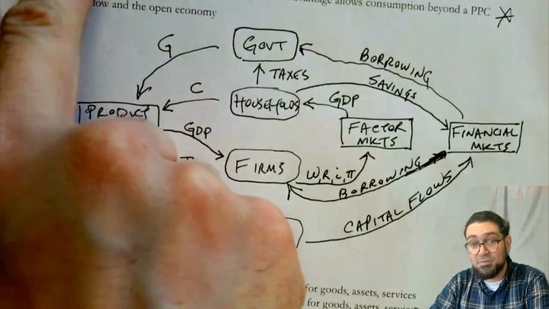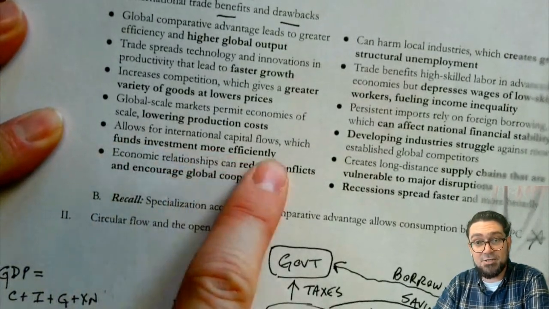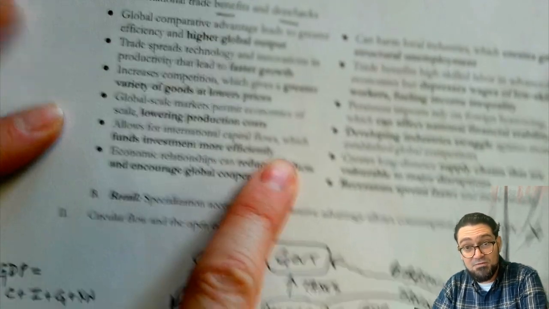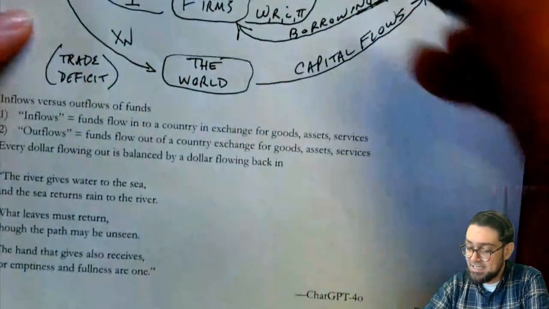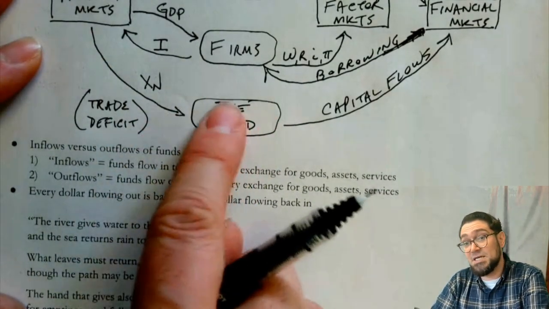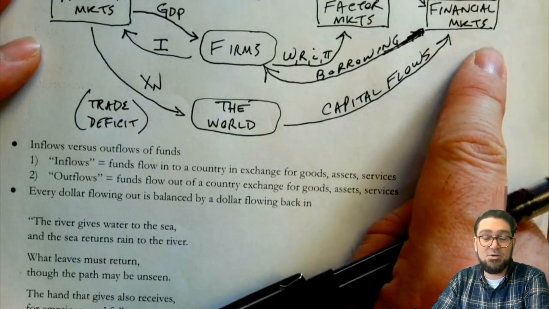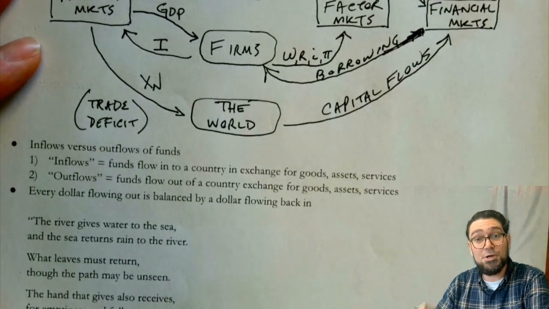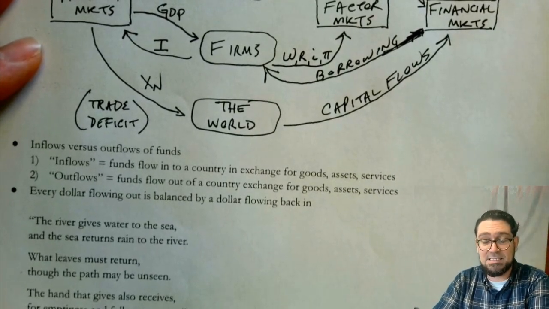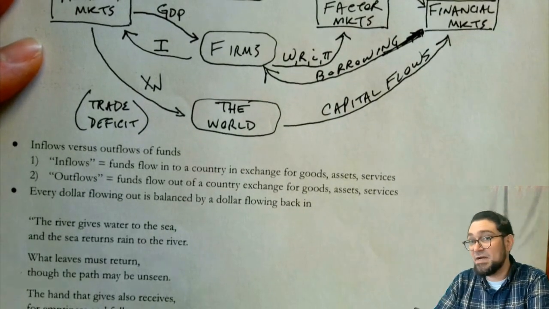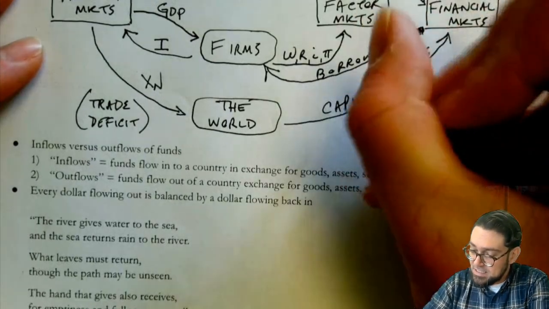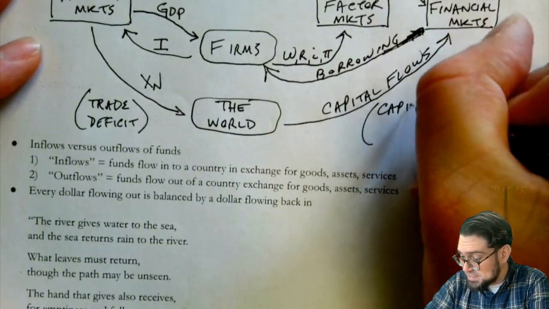It's this part that we just talked about up here, which allows for international capital flows, which funds investment more efficiently. And this is basically saying that the money that the US spends on goods and services that goes out to the world flows back into the United States in the form of spending from foreigners on our financial assets. So it's foreigners buying financial assets in the United States. And we would call this a capital surplus.